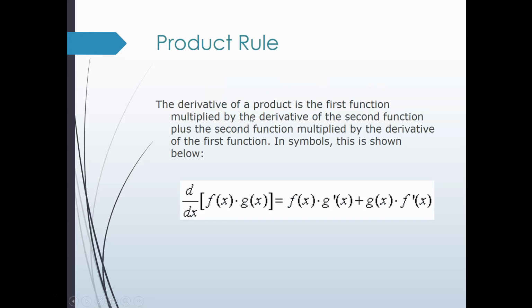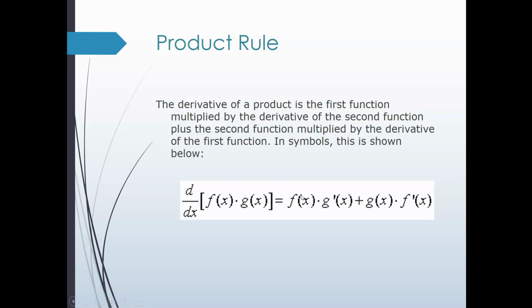The product rule says the derivative of a product is the first function multiplied by the derivative of the second plus the second function multiplied by the derivative of the first. So d dx of f of x times g of x is equal to the first times the derivative of the second plus the second times the derivative of the first.